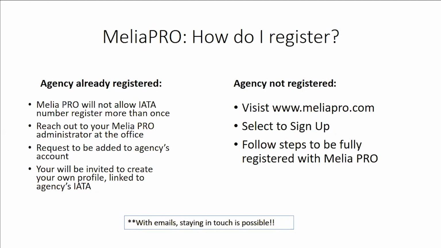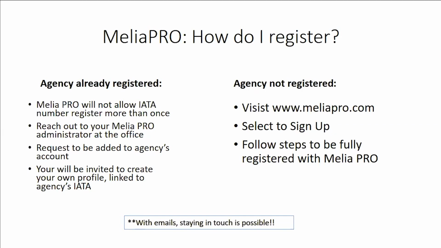Once your email has been added to the account, you're going to receive an invitation to complete your registration with Melia Pro, which will then allow you to create your own account, your own private account to which only you will have access. However, it will communicate and it will be linked to the agency's IATA number for the purpose of commission payments.